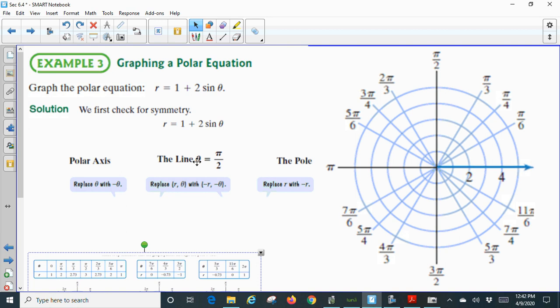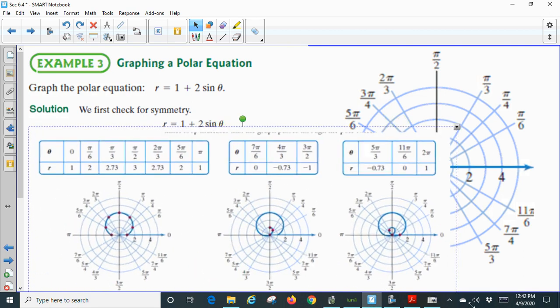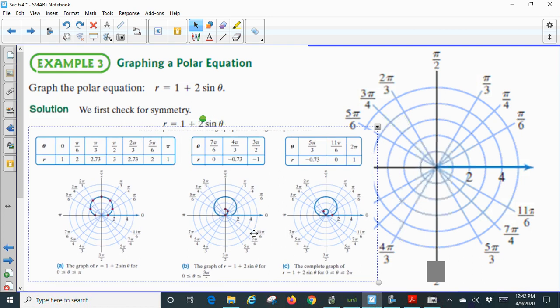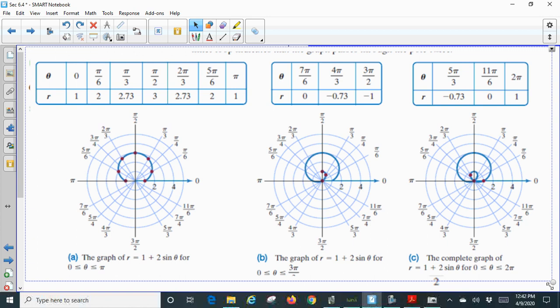If I replace only the r, again it failed all tests for symmetry. However, it doesn't mean it doesn't have the symmetry, it just means it didn't pass the particular test. So we can't use symmetry for this graph. I've gone ahead and replaced all of our values and drawn out our graph.